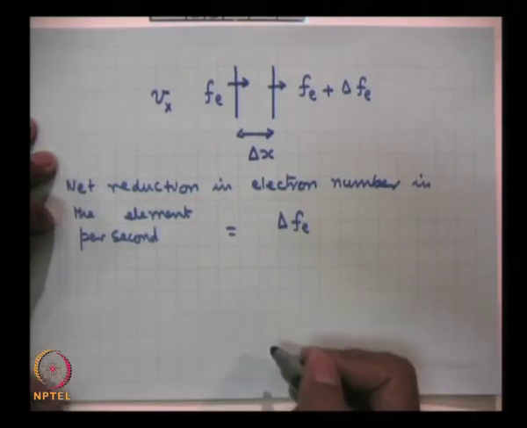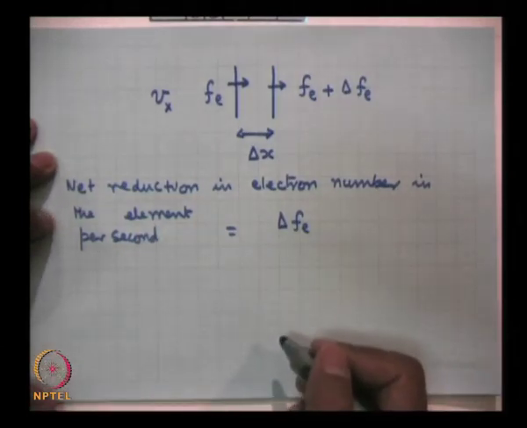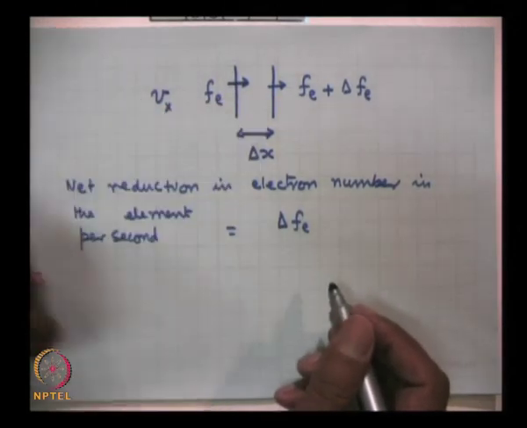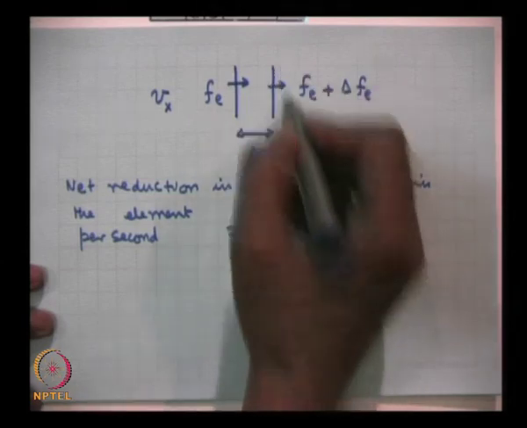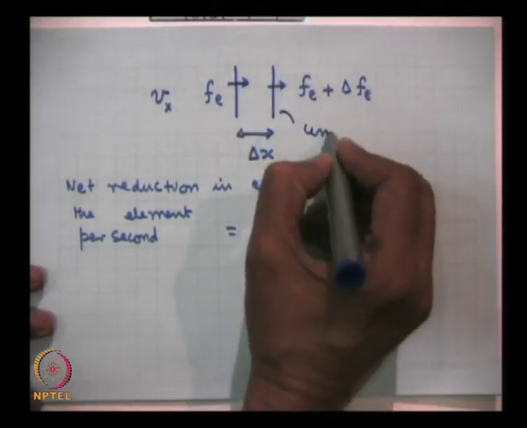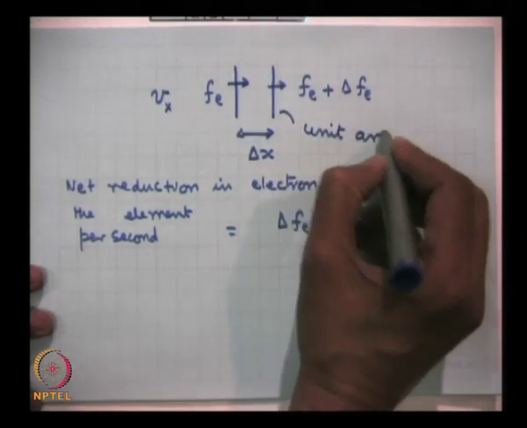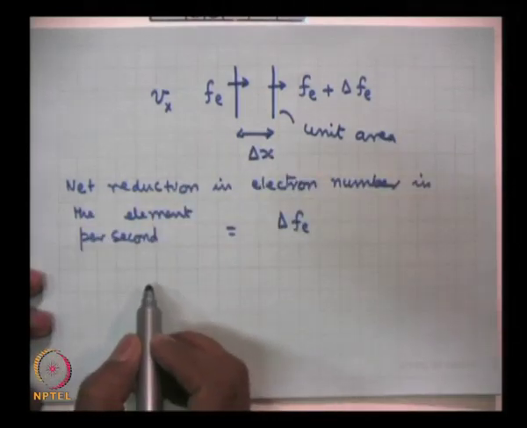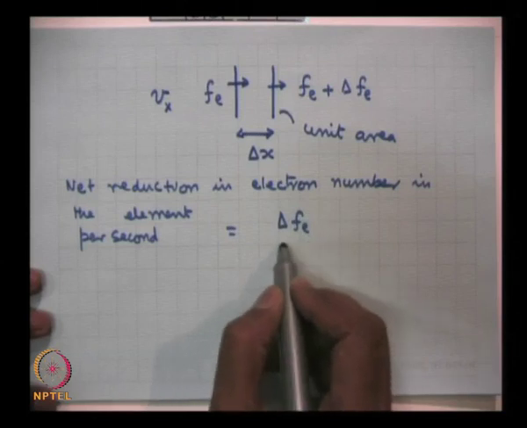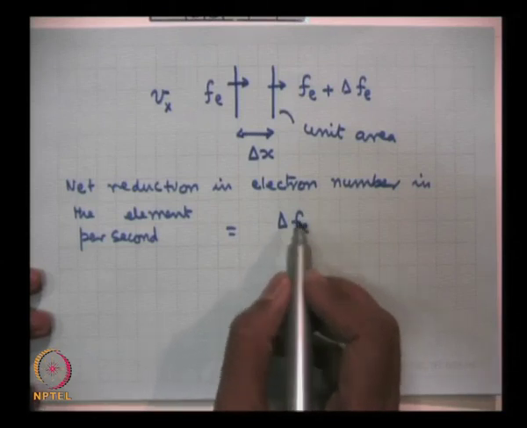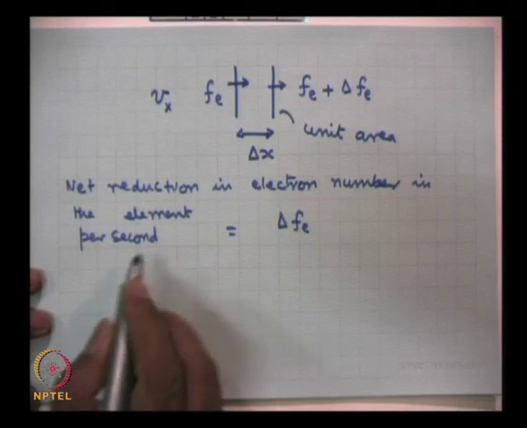Is delta Fe, and the total volume is how much? Unit area I am considering. So, the volume of this element is delta x. So, this is the number of electrons reduced in volume delta x.